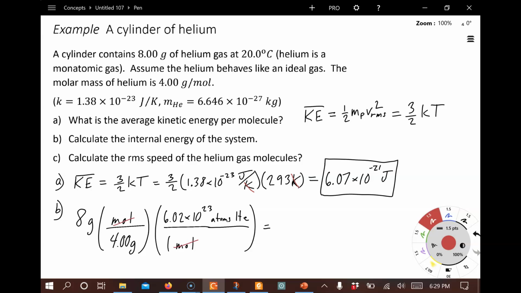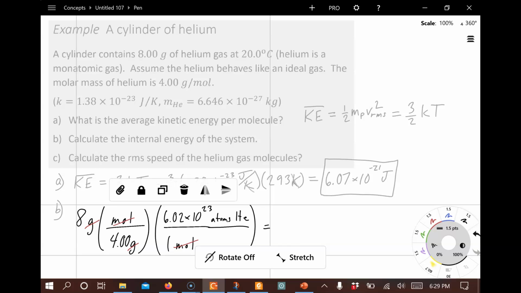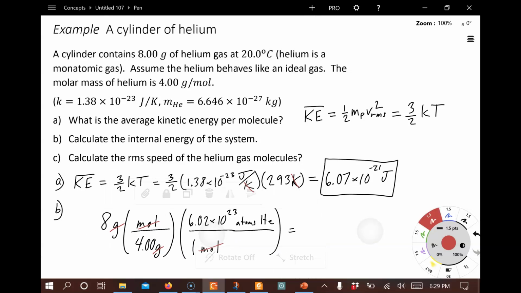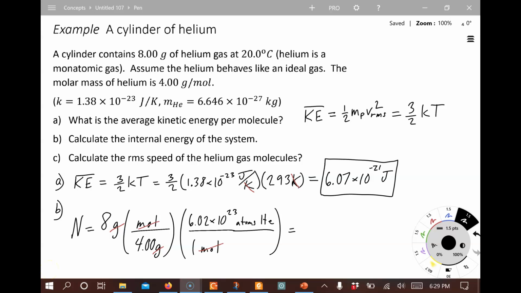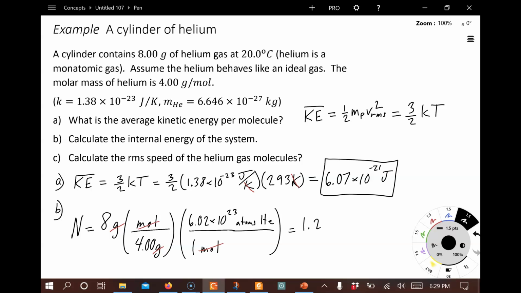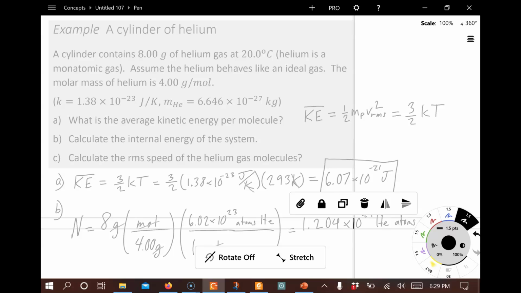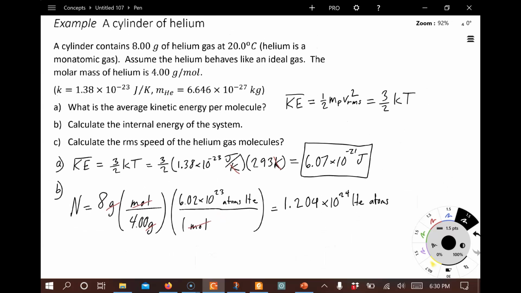So this is going to give us the number of particles that we have. And in fact, we call this n, the number of particles. So why don't we go ahead and just write that down over here. So that's 2 moles of helium, which is 1.204 times 10 to the 24th helium atoms.